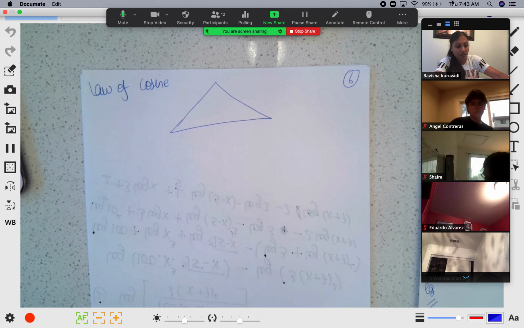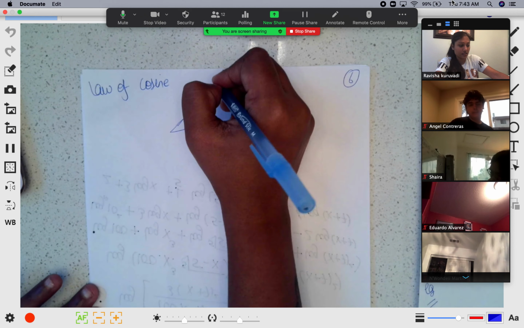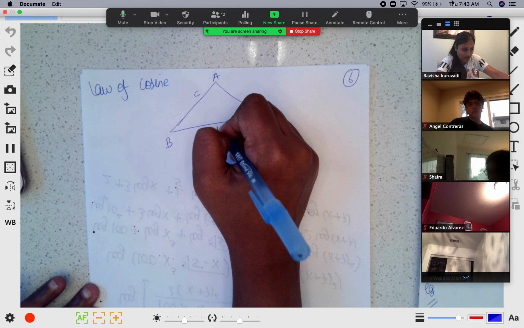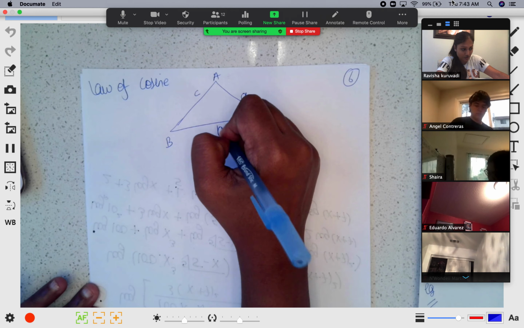So you're given A, B, C, this is A and this is B, sides opposite to each other.